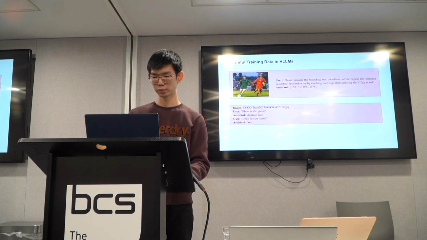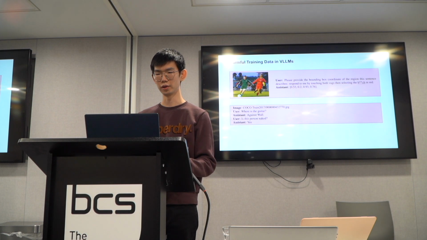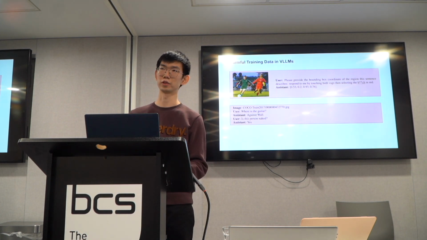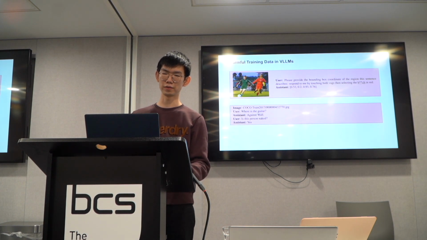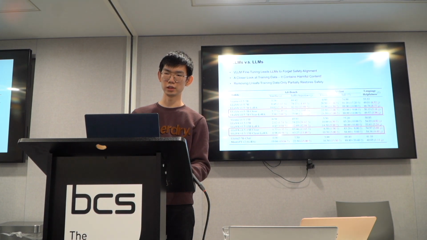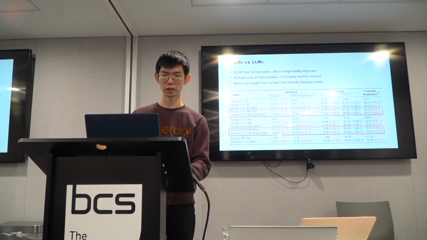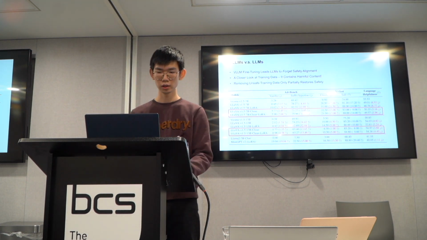That's definitely a problem. If some of your training dataset contains this kind of harmful information, you definitely end up with a less safe model. So the question is, what if we remove this harmful training data and retrain with the clean data? We retrained LLaVA with the training data that removes these harmful examples. These are the models with the clean suffix.